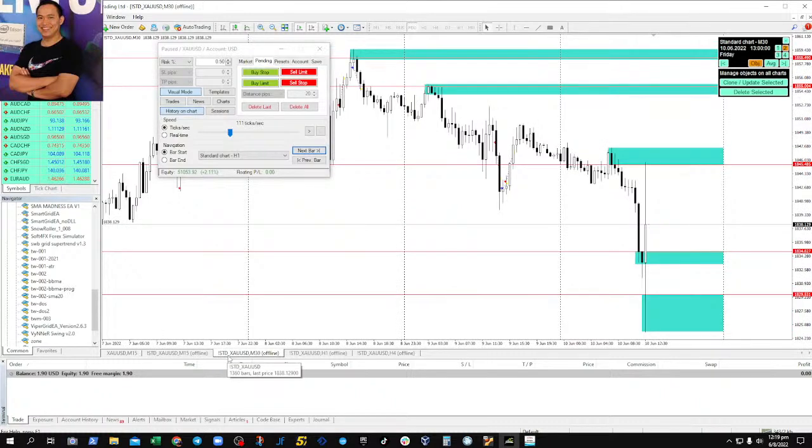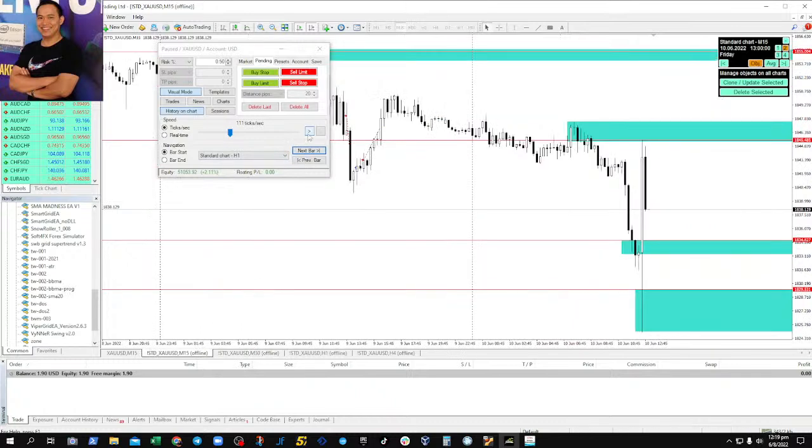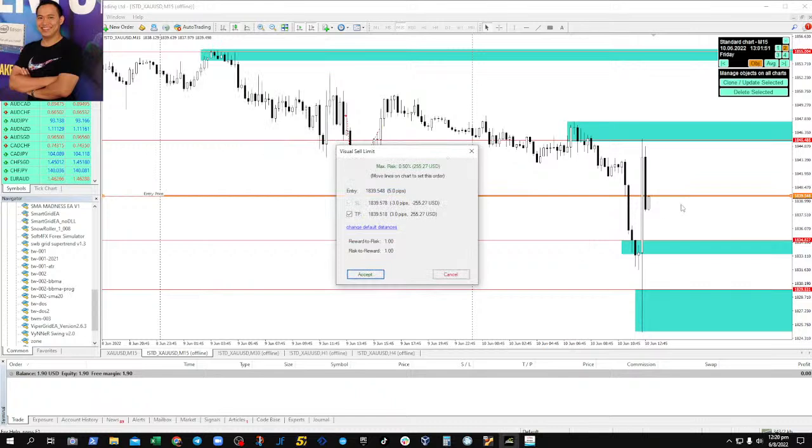Okay, let's see. So let's look at M15 first. M15 price is rejecting. Oh, wait. Okay, wait. So now it goes up and then it rejects, but the overall trend is bearish. So I'm gonna take a sell at 50% of this guy.